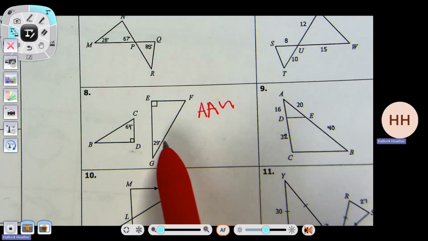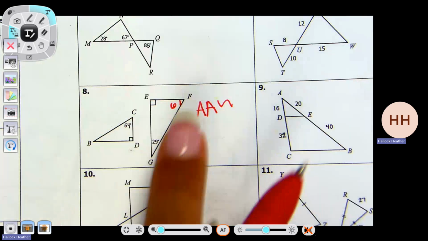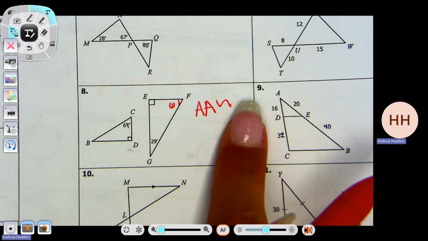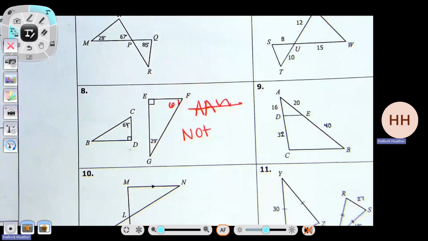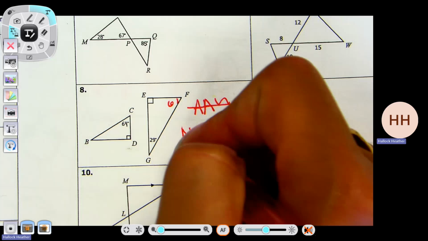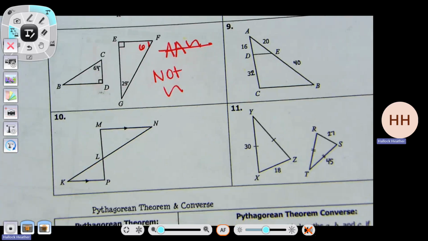If you actually do the math, a triangle adds to make 180, so you take 180, minus 90, and then minus 29, and you would get 61. So if that's 61, this one's 64. So is this similar? No. It would be AA if it were similar, but the angles don't match. That's the only little trickster in there. The rest are similar. Yes, this is what you got on Monday.